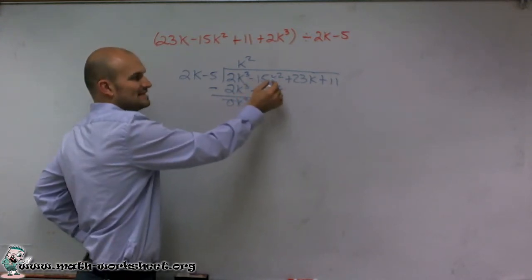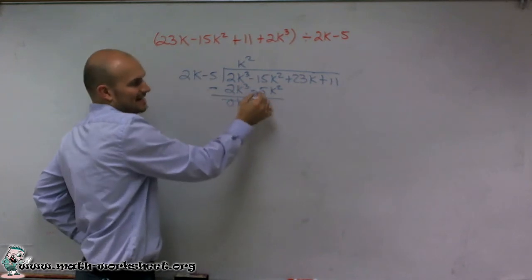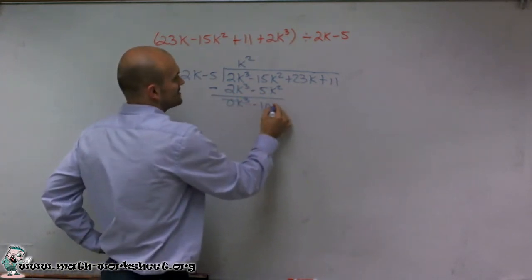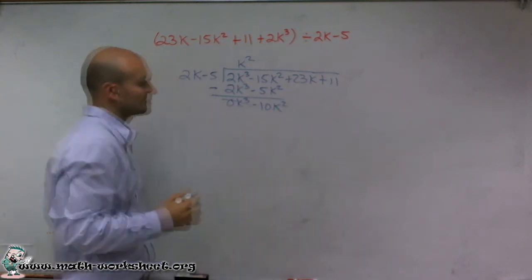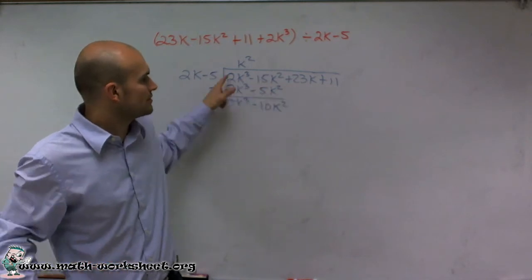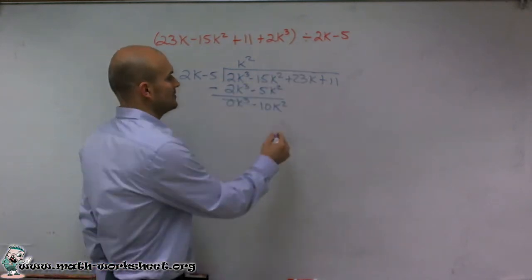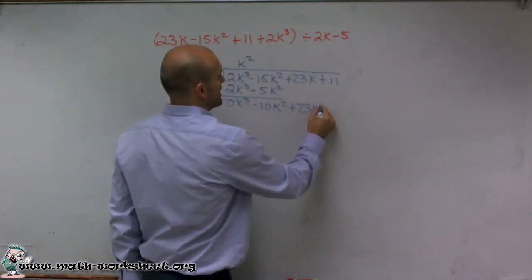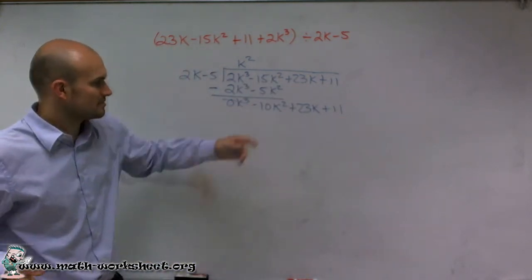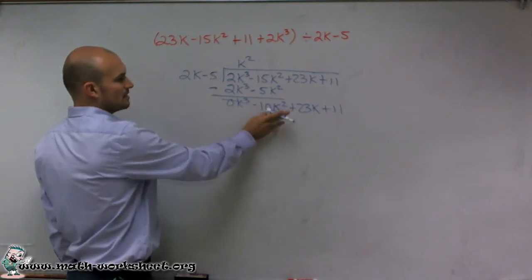It's negative 15k squared minus a negative 5k squared, which ends up giving me a negative 10k squared. Now, we can bring these down because there's no other numbers down there. So we have plus 23k plus 11, because I'm really subtracting them from 0, so they're just going to be there.